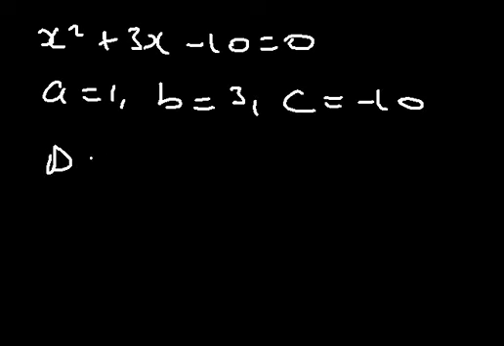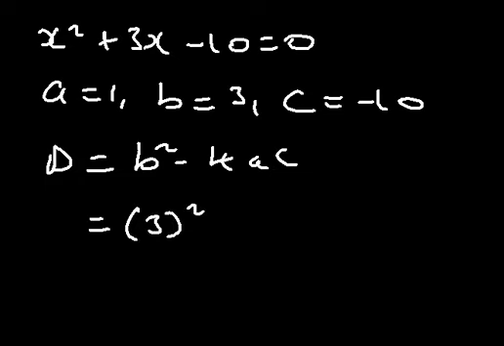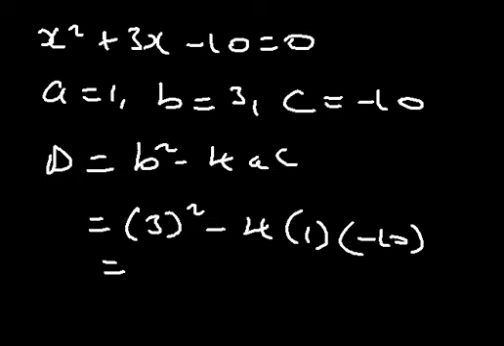Now the discriminant is given as b squared minus 4ac. In this case, we'll have 3 to the power 2 minus 4 times a, which is 1, times -10. So we'll have 9 plus 40, which is the same as 49.